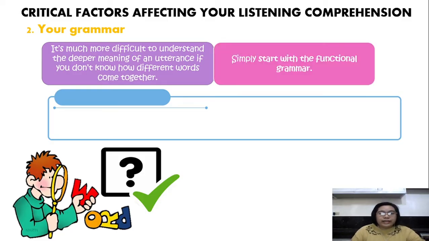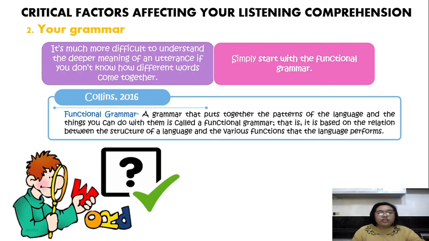So basically, it is suggested that you simply start with a functional grammar. So what do we mean by functional grammar? According to Collins, functional grammar is a grammar that puts together the patterns of the language and the things you can do with them. That is, it is based on the relation between the structure of a language and the various functions that the language performs.